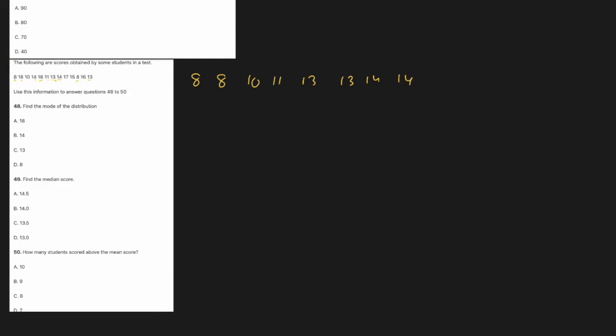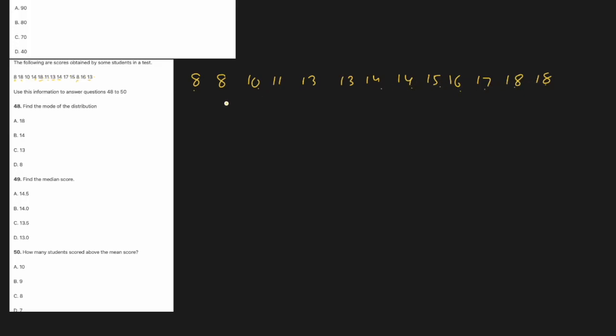There is no 15. There is 1 16. There is 1 17. There are 2 18s. Let's see if we've copied all of them. 1 2 3 4 5 6 7 8 9 10 11 12 13. They are 13.